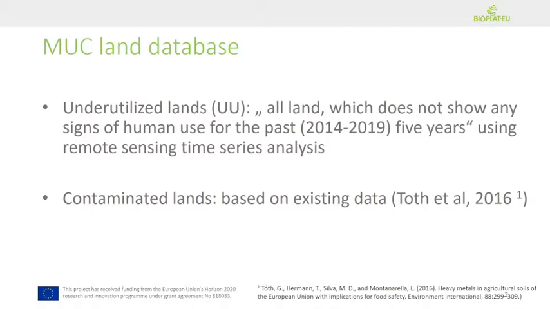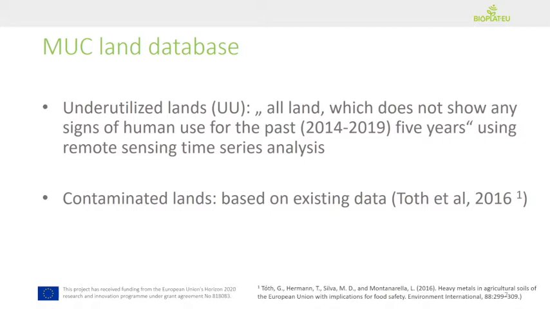Now, when we talk about underutilized, contaminated lands, we need a definition. When is a land underutilized? We use a definition based on a definition from FAO, which covers all land which does not show any signs of human use for 5 years.